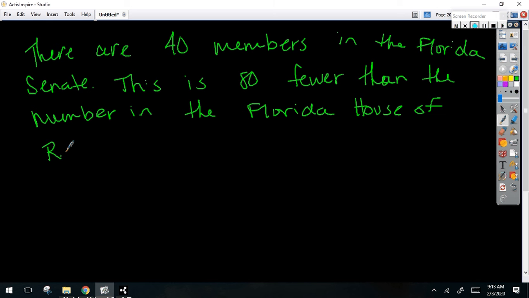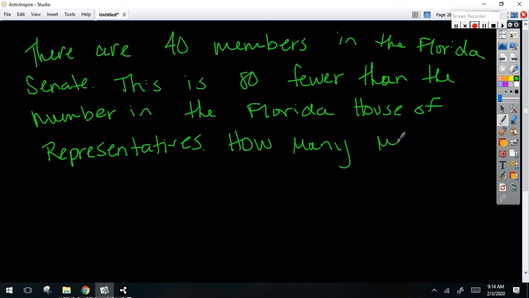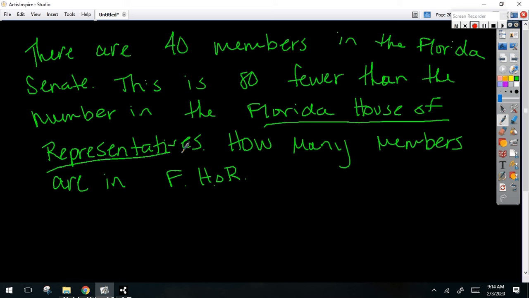Now, whenever I see the word fewer, what does that key me into? I'm subtracting something somewhere, right? All right. How many members are in the Florida House of Representatives, since we already said that one time here.